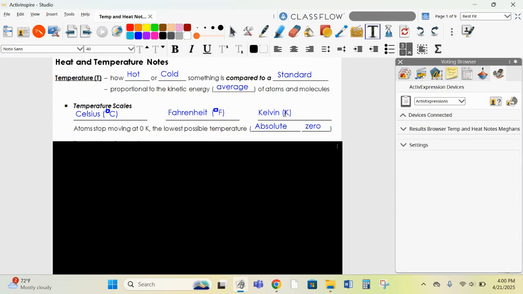And then a little bit later on, after the Celsius scale was pretty much discovered, Lord Kelvin went through with temperature. He didn't really like negative numbers.